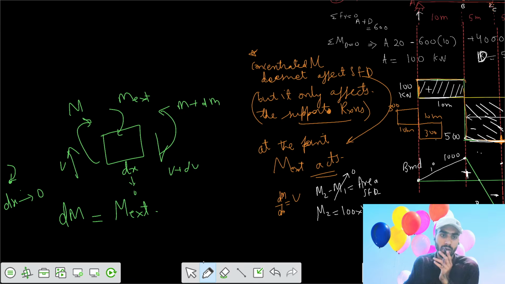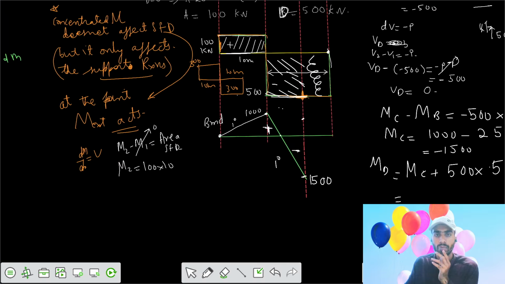When we derived it we got the value as positive M external. If the M external is negative, we get minus M external. So we can write M2 minus M1 equals M external. The same equation we can write here.